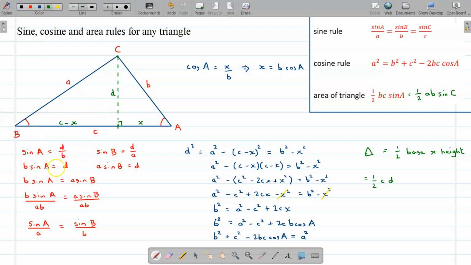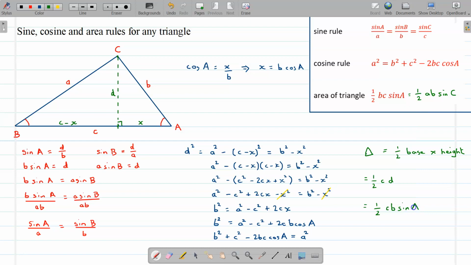In our triangle, d is b sine A or a sine B. Okay, so let's just substitute the d with b sine A. So from what we did earlier, we can simply say that's equal to a half of c times b sine A. And that's it.